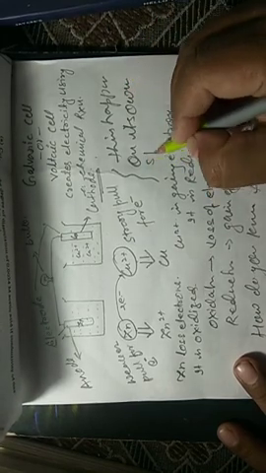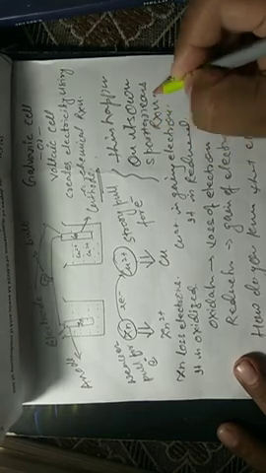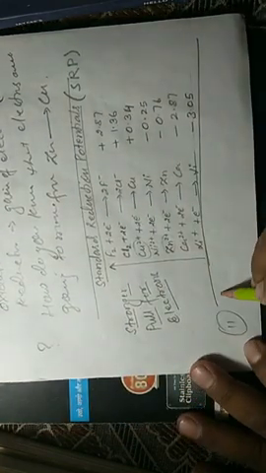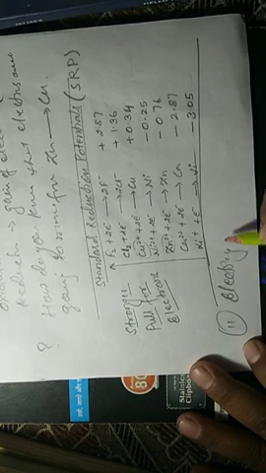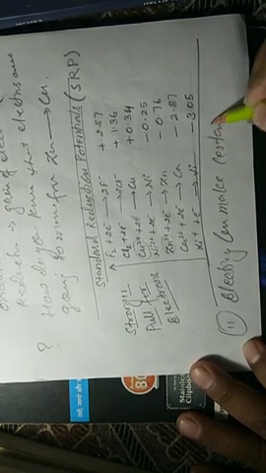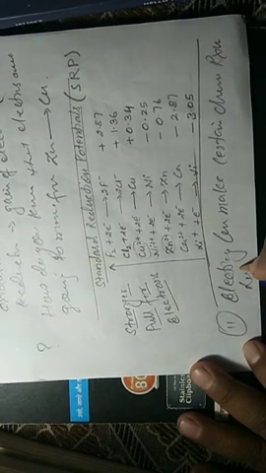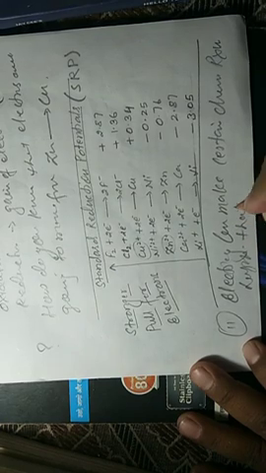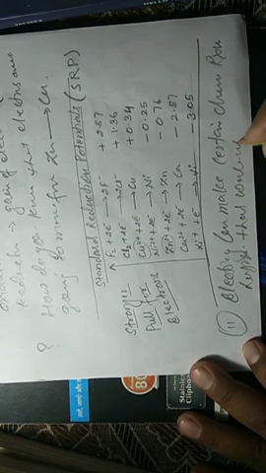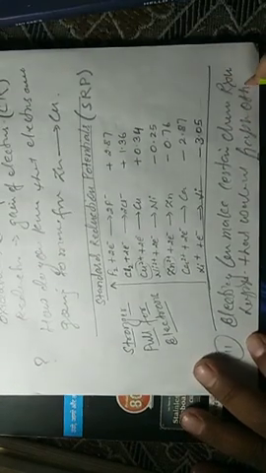That's why it is called a spontaneous reaction. Now we are going to start. Second thing, electricity can make certain chemical reactions happen that would not happen otherwise.